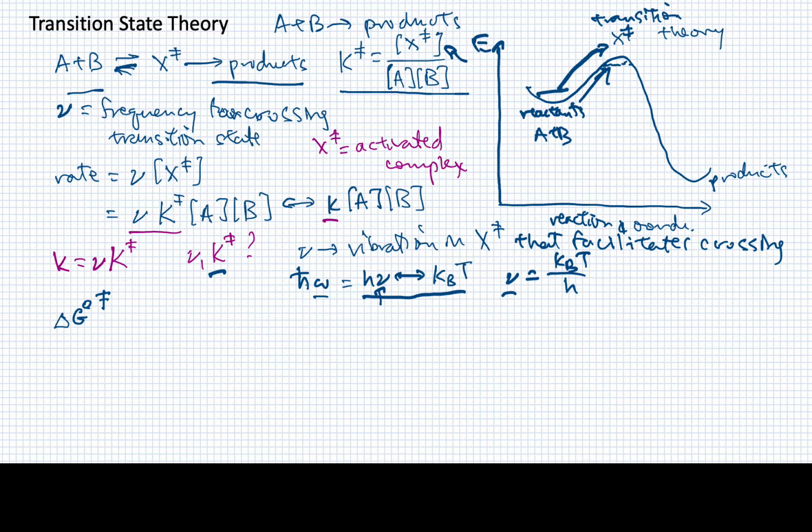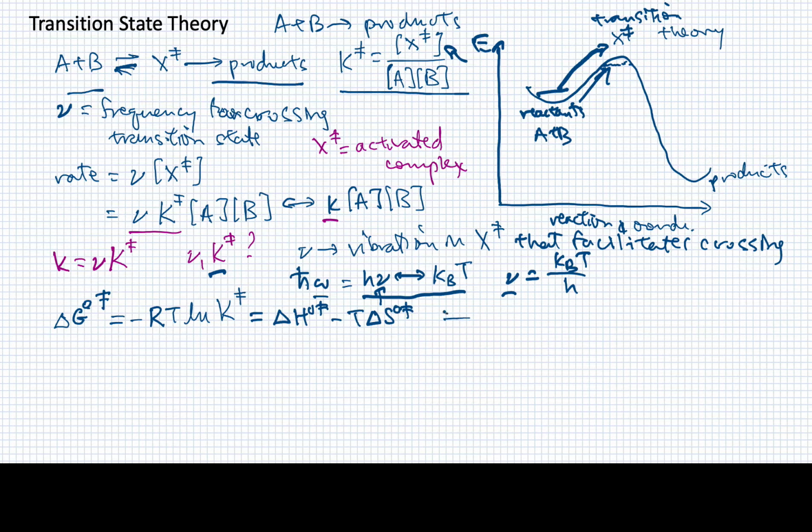Now, when we have this, you'll recall that we could relate this to an equilibrium constant like this. And our assumption is going to be that these same relations will hold in this circumstance, even though this might be relating to a state or a condition of the system that is a transient condition. But it also means that we can relate these things to the enthalpy and the entropy changes for going from A and B to this activated complex.